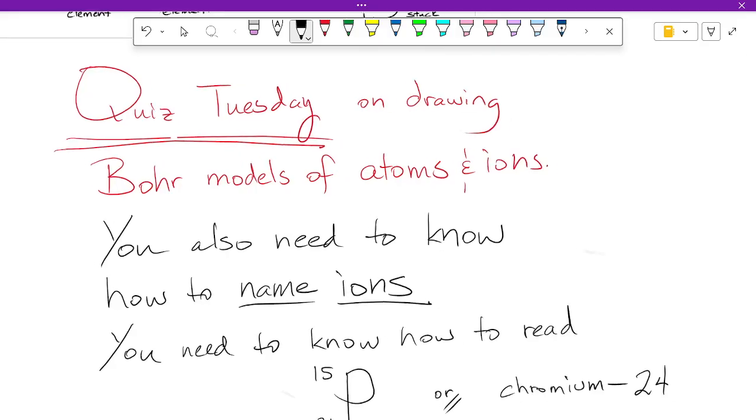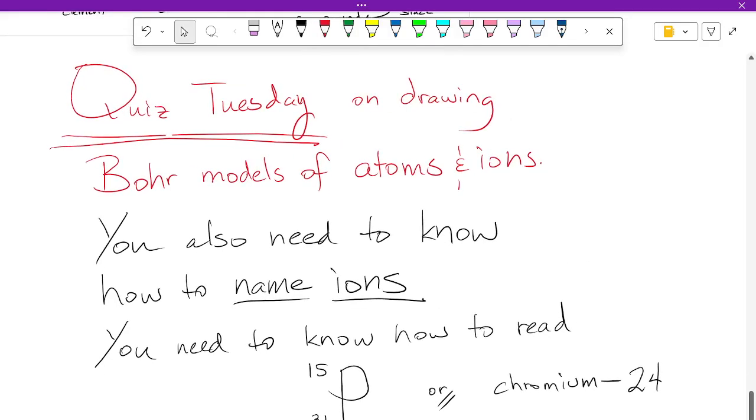So, ladies and gentlemen, next week you're going to have a quiz on drawing Bohr models of atoms and ions. It's going to be very similar to what we did today, okay?